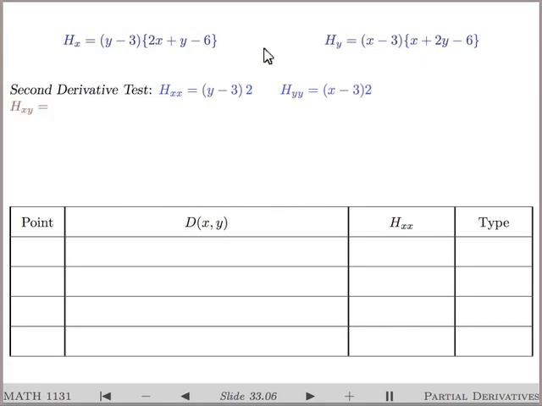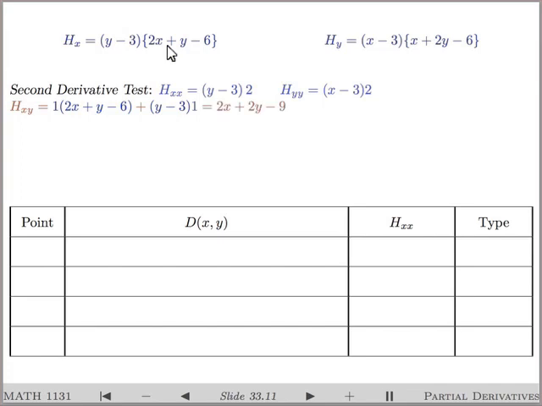For hxy, I can differentiate hx with respect to y. I have to use the product rule. The first factor is y minus 3. Its derivative with respect to y is 1, times 2x plus y minus 6, plus y minus 3 times the derivative of the second factor, 2x plus y minus 6 with respect to y. And that will be 1 because we treat 2x as if it's a constant when we differentiate with respect to y.